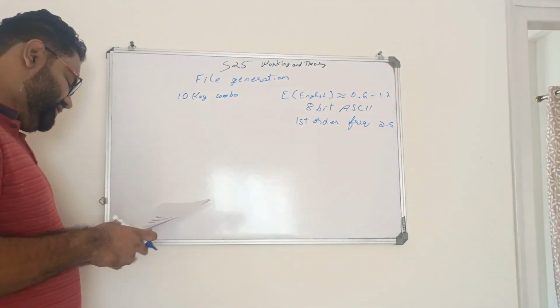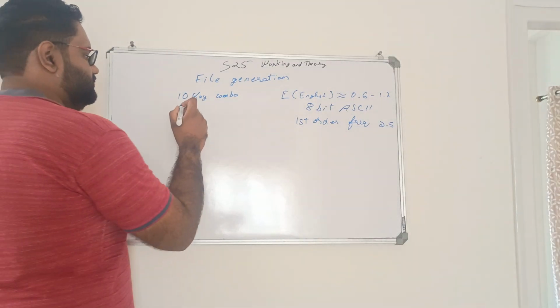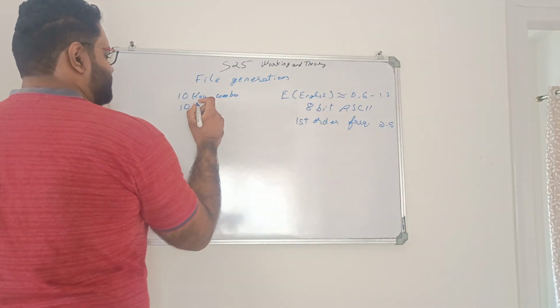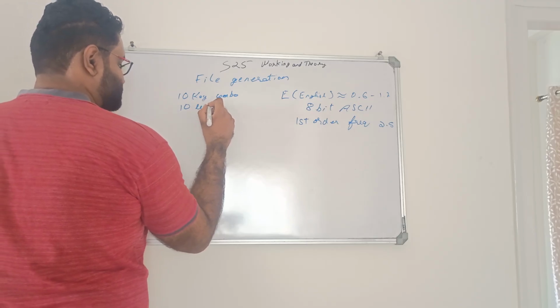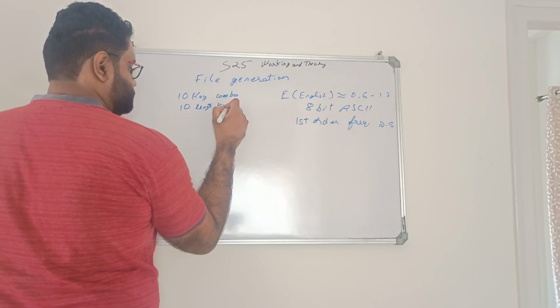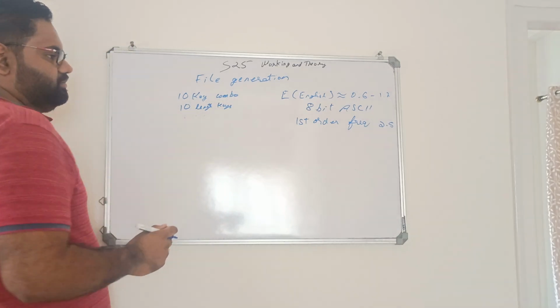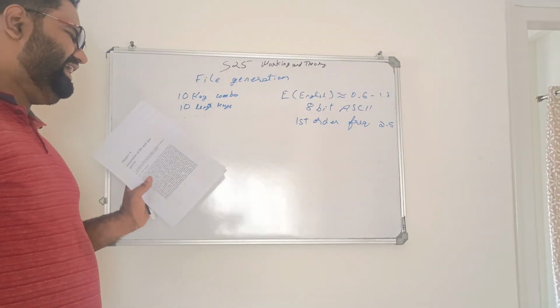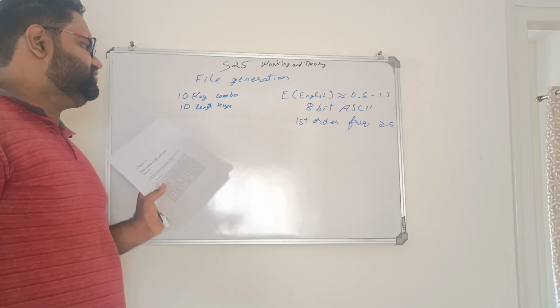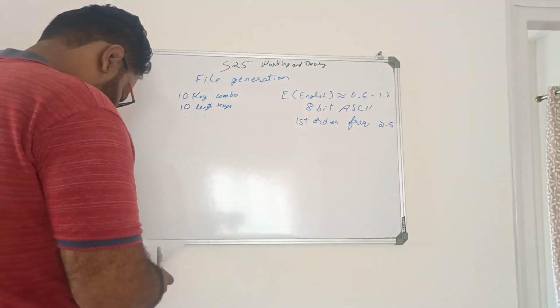So let's say I have a 10 key combo, and then there are 10 length keys. So there are going to be 10 letters, and then it's going to be around 10 times the message sent.